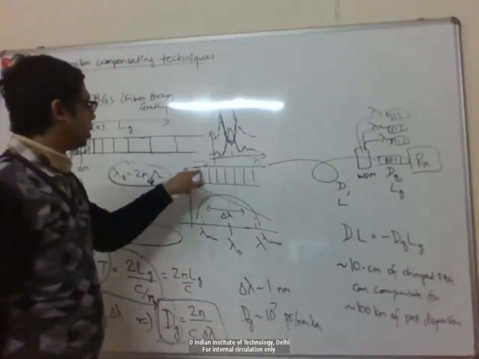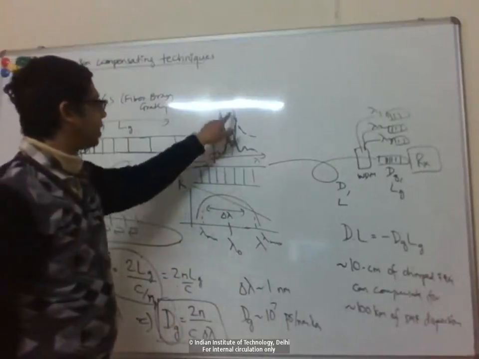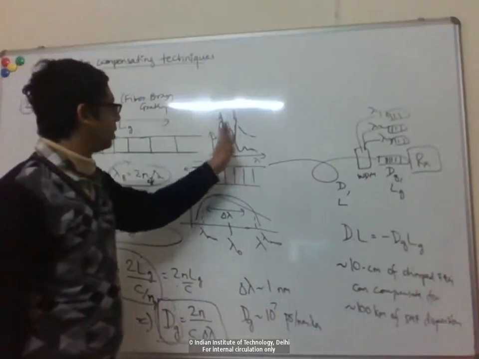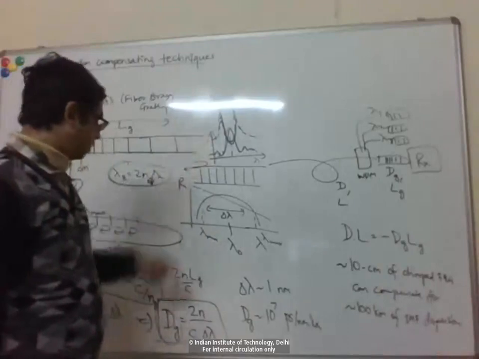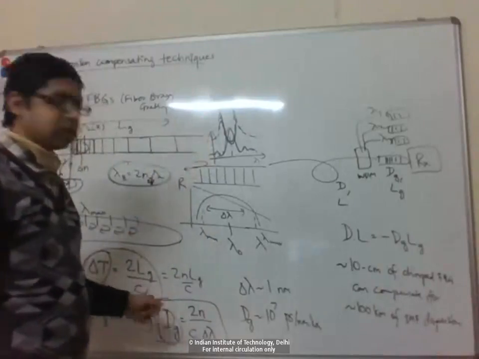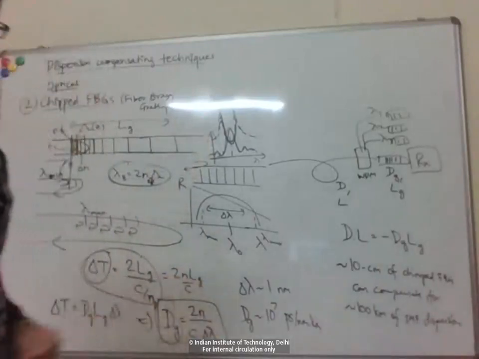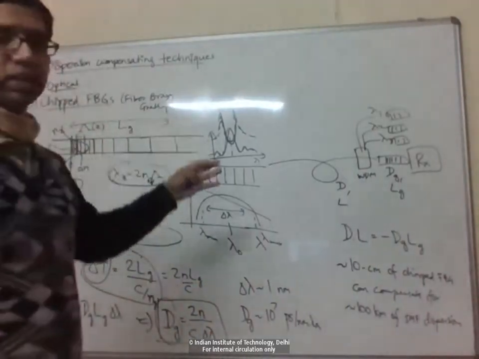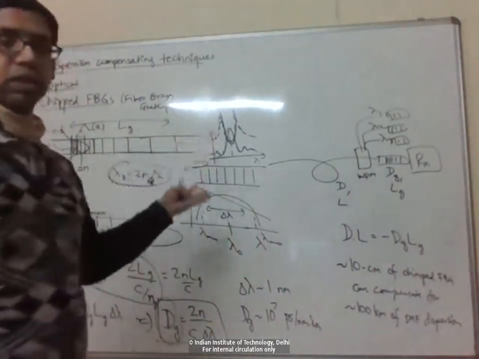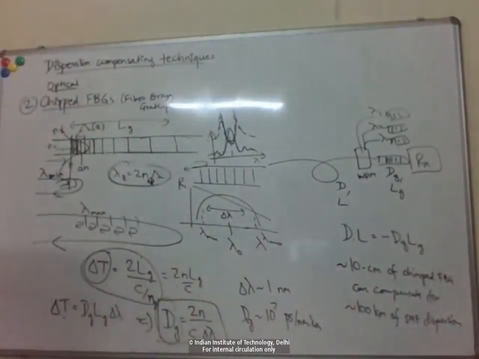Whereas for a constant period grating, the phase shift and the delay vary quite sharply over a very small bandwidth, so you have third and fourth order dispersion terms, which will be comparable or maybe even higher than the second order. That would give you additional pulse distortion. So I hope that's clear.